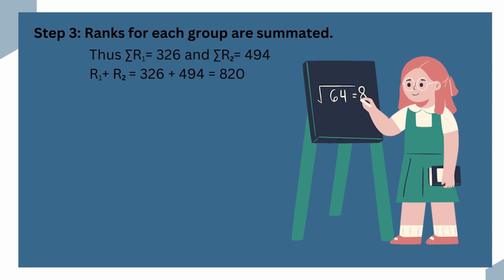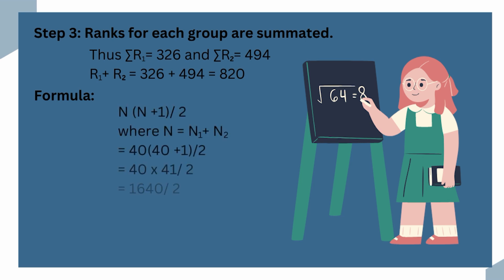Now, we have to add these values, R1 plus R2, and this would be 326 plus 494, and that would be 820. And now, this can be checked using the formula as given below.